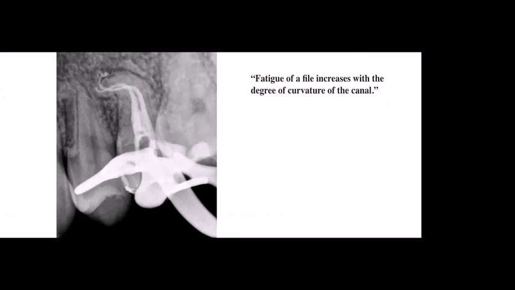So we could do this kind of cases with austenite phase, but what was the problem? The problem is that the risk of fracture is higher than if we do this with modern 90 files such as CC files. So if I had to do this case today, I would choose a file made of martensite 90 like the CC file system.